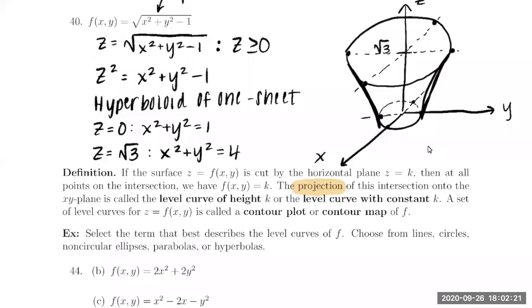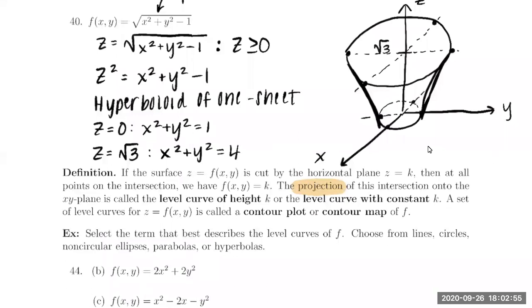A set of level curves for z equals f of xy is called a contour plot or a contour map of f. So this is something that should be somewhat familiar to us. If you think back to a previous geography class, we often learn about topographic maps. So if you think about a topographic map of, let's say, a mountain range, you'll see a series of concentric curves or circles that get smaller and smaller as we get to the peak of the mountain, and they're kind of nested together.